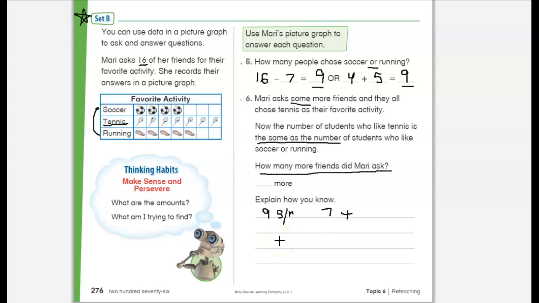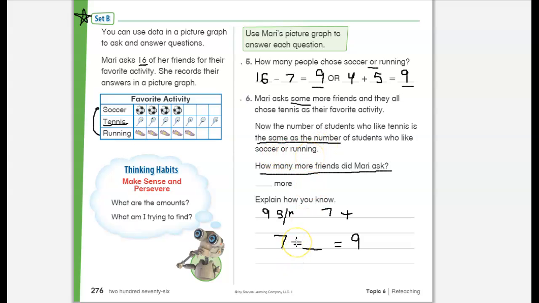If all of the friends that she asked voted tennis as their favorite activity, and now it is the same number as the students who liked soccer or running, we could take the 7 students who voted for tennis and write an equation. We know that the number is going to be equal to 9 because it said it is the same number as the students who like soccer or running.